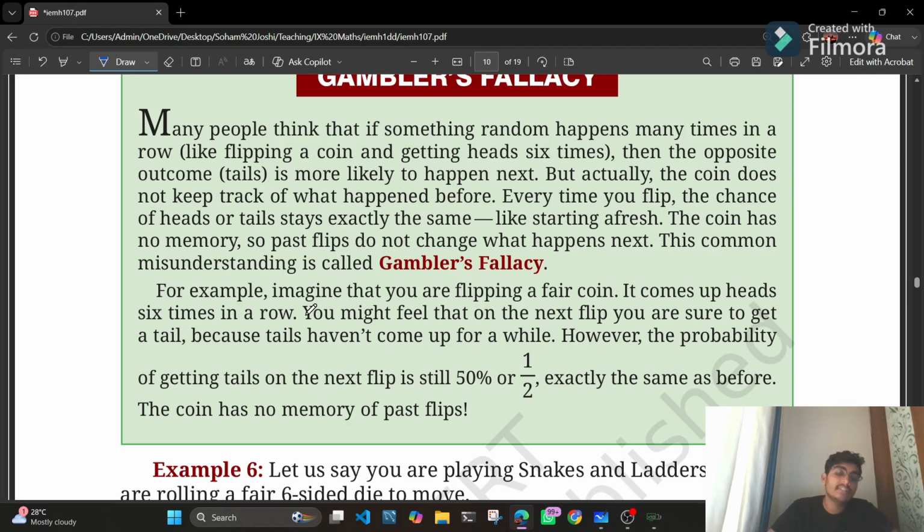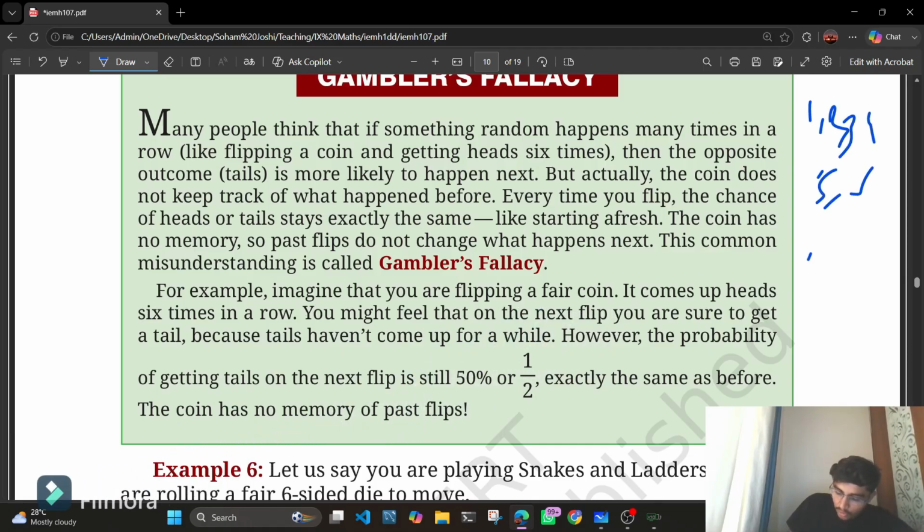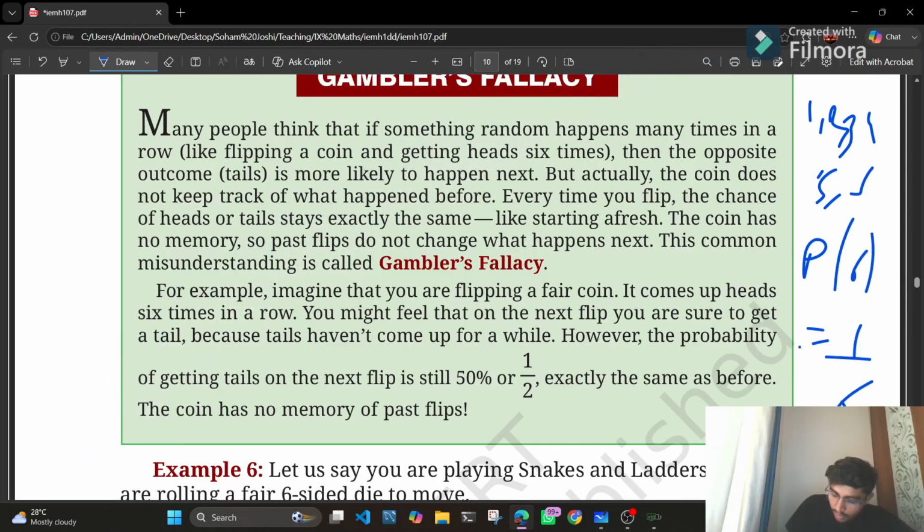That probability is the same as you had earlier, because if you will get a six or not, basically one, two, three, four, five, six. So if I calculate the probability of getting a six, it is one by six, right? Because the number of favorable outcomes is one and the total number of outcomes is six.